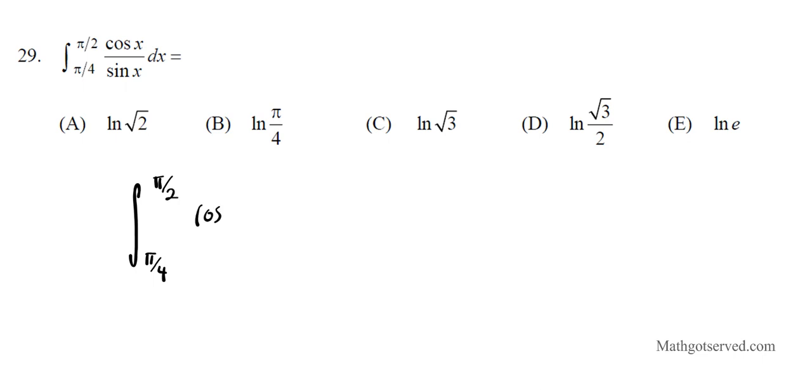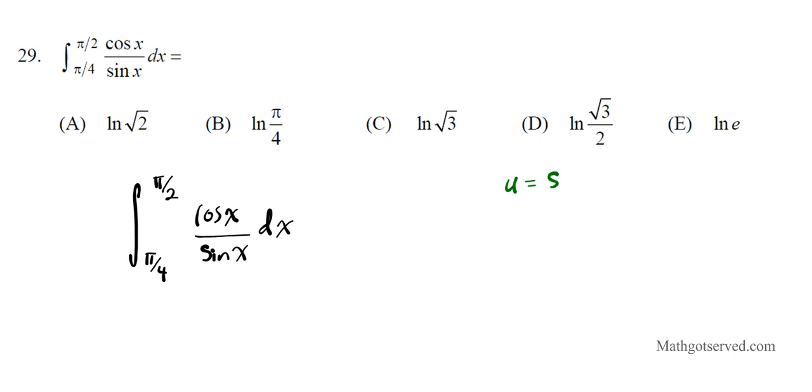Can I use a u substitution to evaluate this integral? Basically, can I pick one function, numerator or denominator, in such a way that when I differentiate it, I get the other function multiplied by the dx? That's the question.